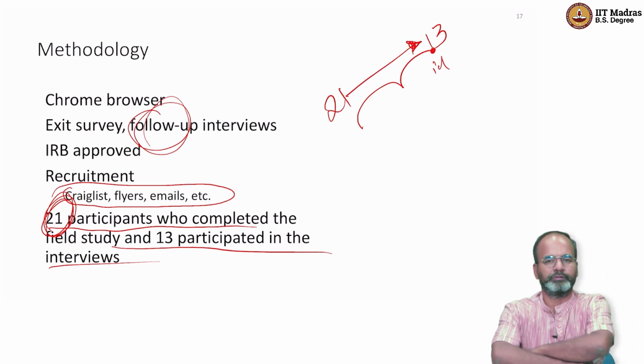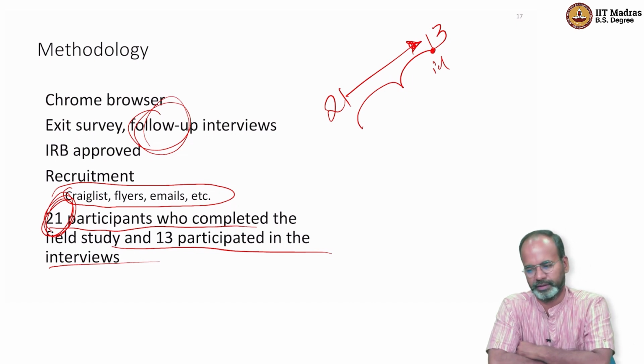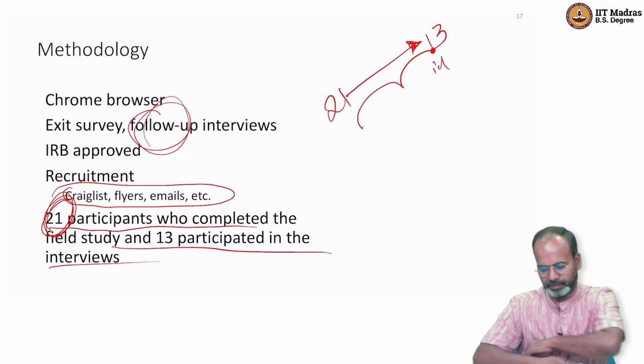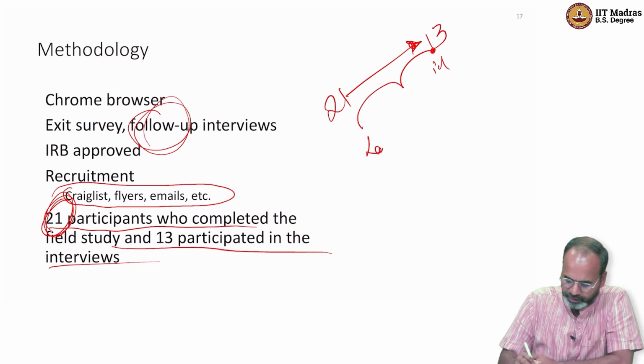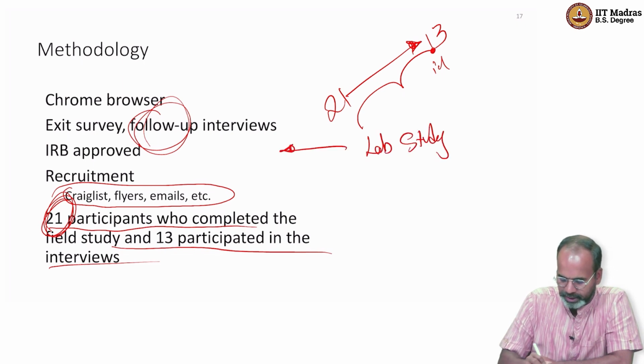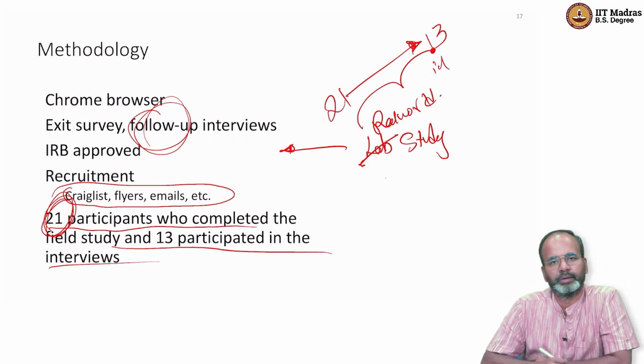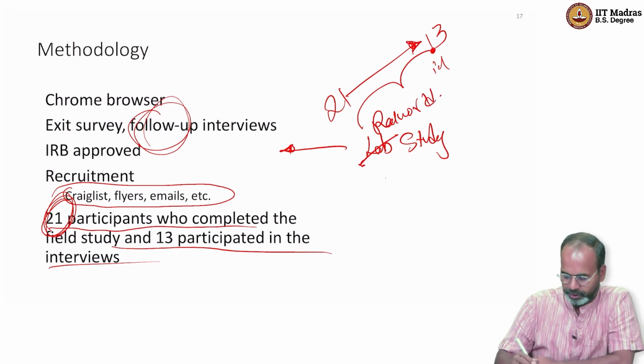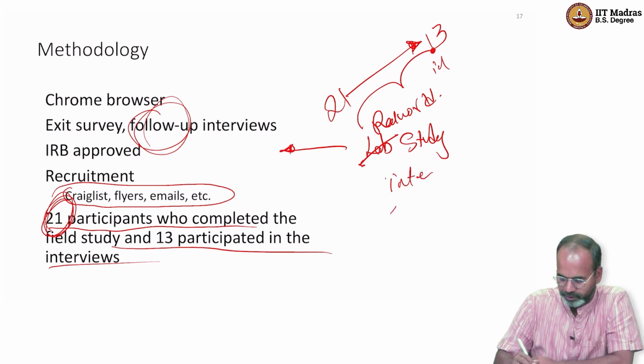I don't know whether any of you have done these kind of studies. These are categories of studies. If you were to say a lab study, it would be this category. Given that they have actually done it in the field, this is a real world study. So it could be interviews, it could be surveys.